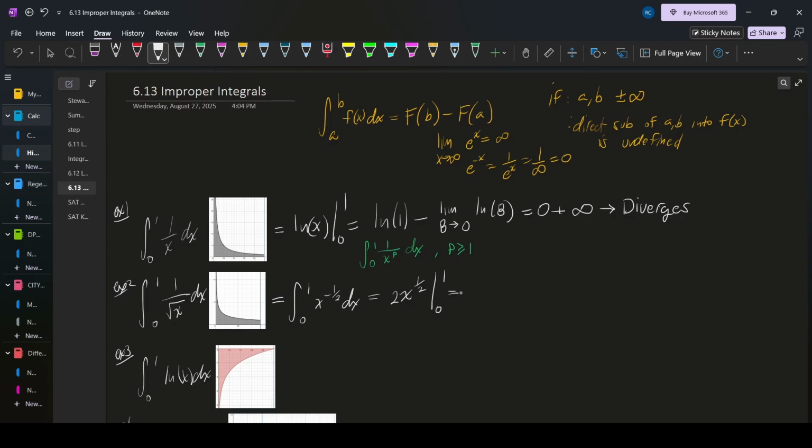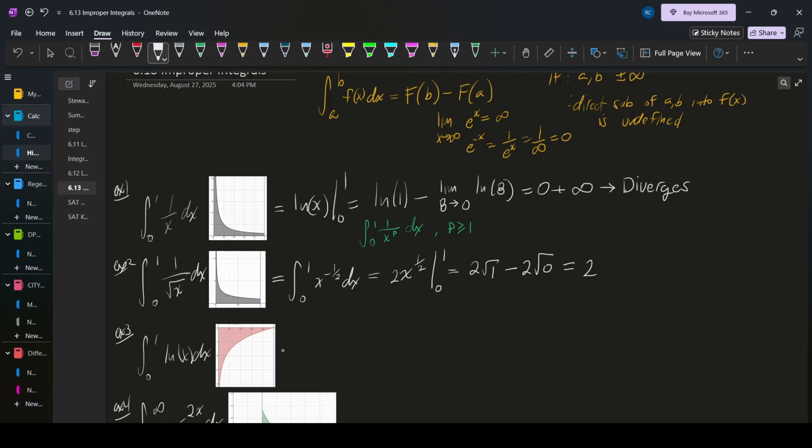Now, when we plug this in, we get 2 times the square root of 1 minus 2 times the square root of 0, which is just 2. This does not diverge. So the area underneath this curve here is 2. We didn't have to use a limit here because square root of 0 is a number.